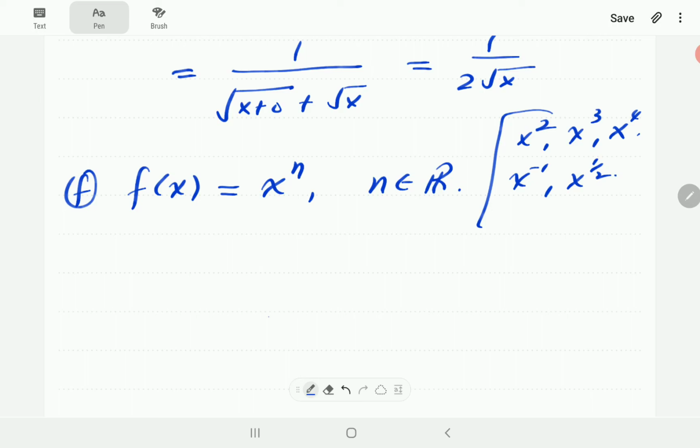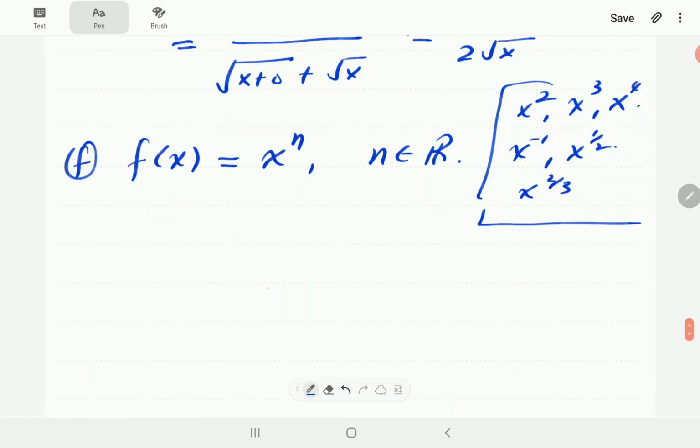All these are powers of x. We could have many more. We could have x to the power 2/3. So instead of doing all of them, we'll just do this one here, where n is a general real number. And then that result is going to cover all these ones here.